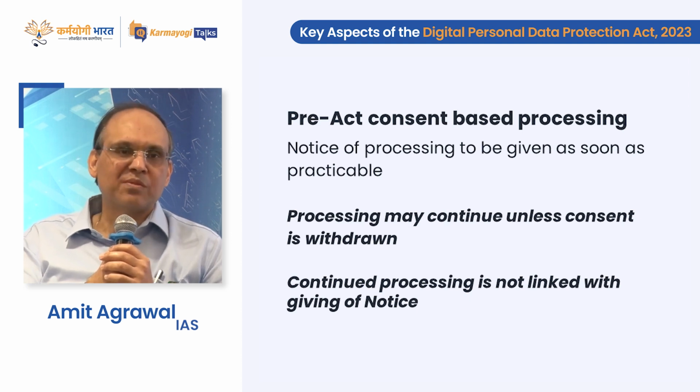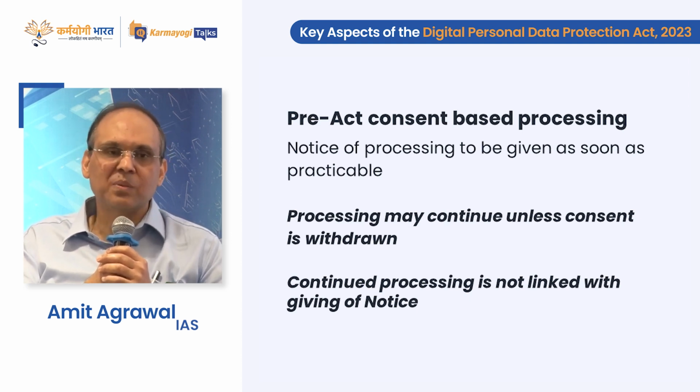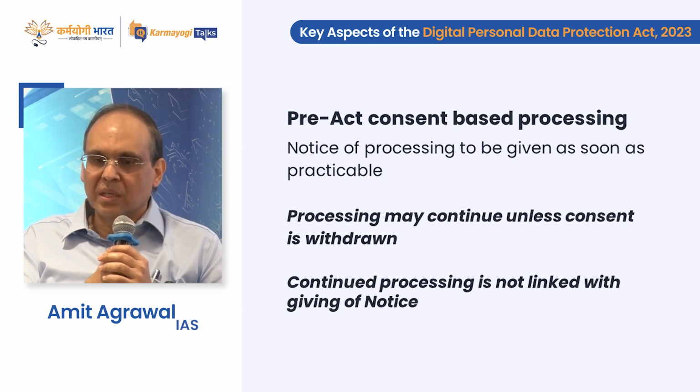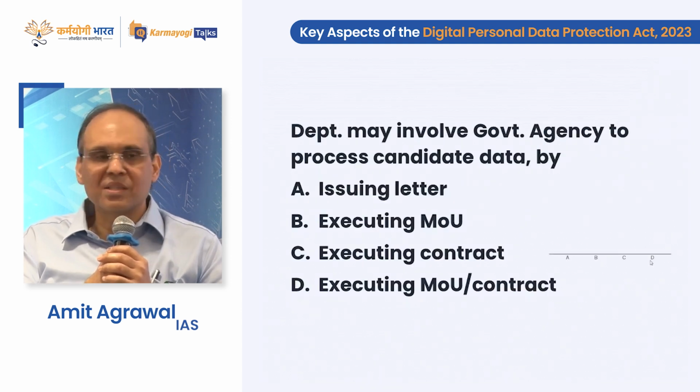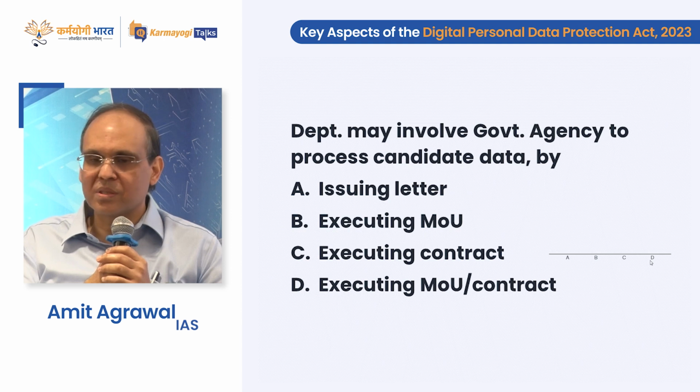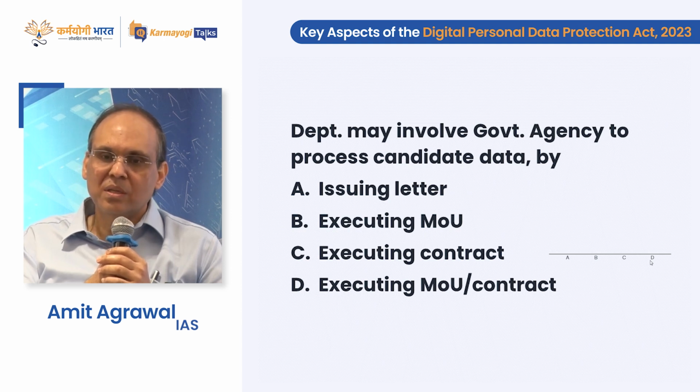So yes, on a best effort basis, as early as practicable, you should give notice. But processing may continue unless consent is withdrawn, and the two are not linked. So it is not sequential that this has to happen first or that has to happen first. So processing, unless you withdraw, continues.